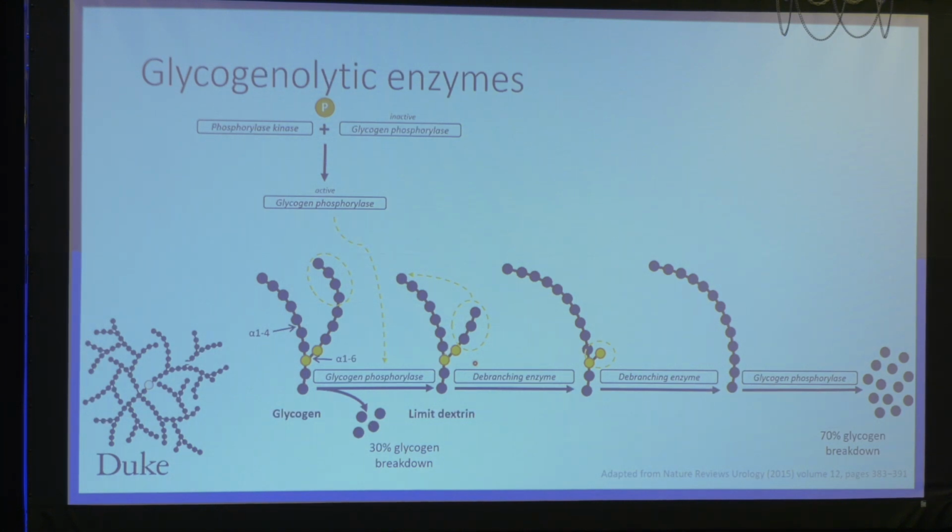So these don't work in isolation, and this is an important aspect that needs to be considered. So the enzyme deficient there is GSD9. Phosphorylase, when it's deficient, is GSD6. The enzyme for these two functions of debranching enzyme gives you GSD type 3.